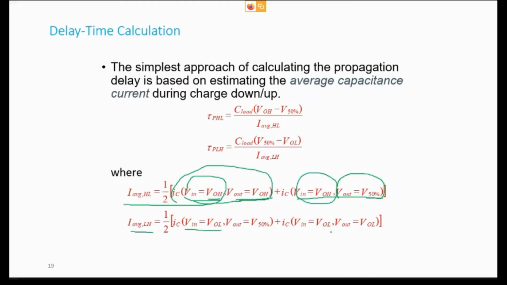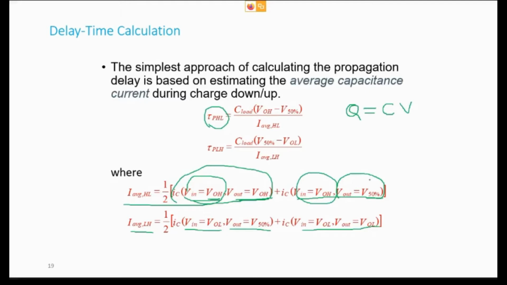So this is how we are looking at things. What we are actually doing is averaging these two currents, and your delay tau PHL is equal to CV over I. Now from where does this equation come? You are already aware of the equation. As far as the charge equation is concerned, Q is equal to CV.